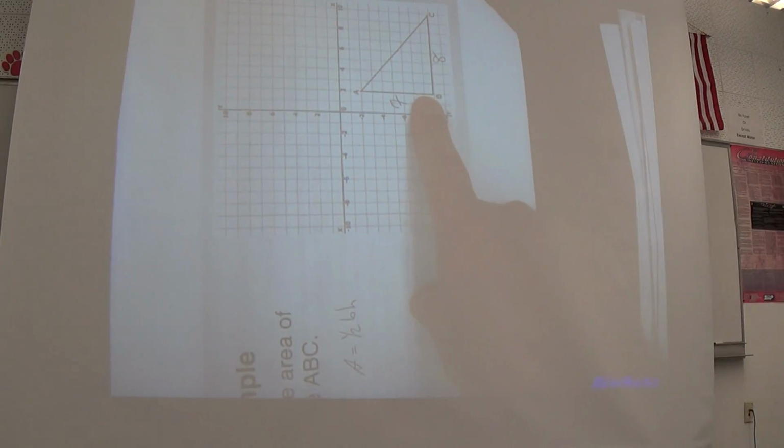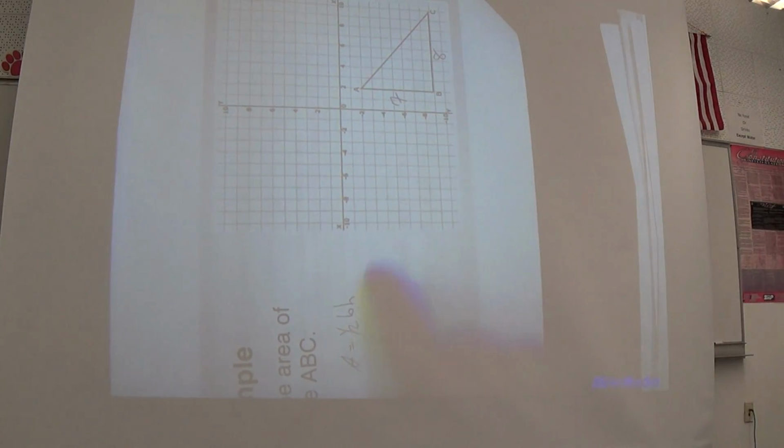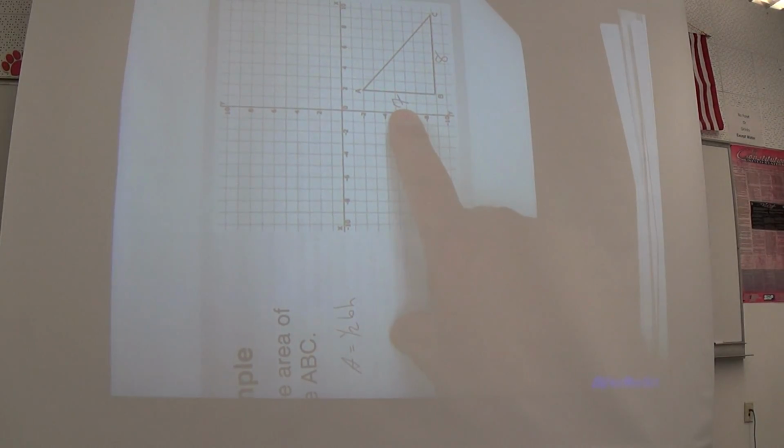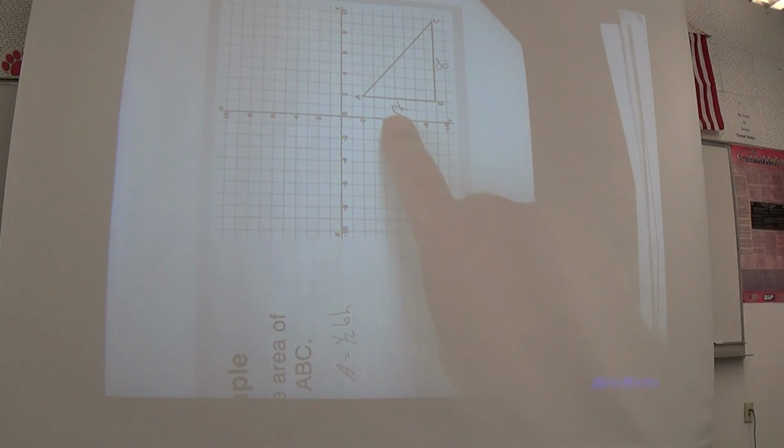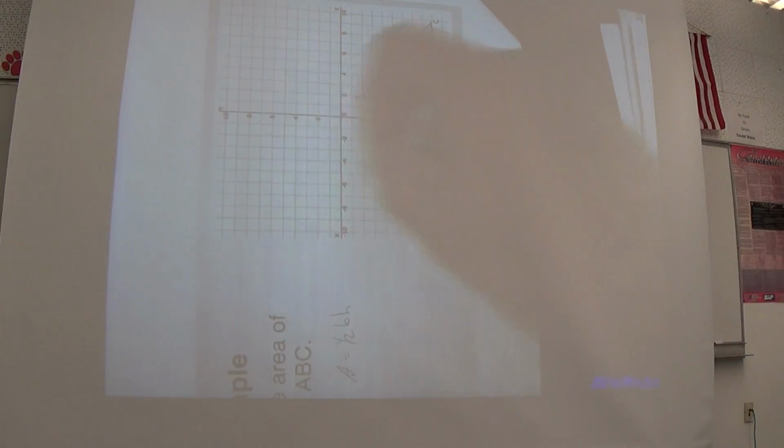Well, the formula says I take 1/2 times the base times the height. So that means I have to take 1/2 of 7 times 8. Is that easy to do? Because what's 1/2 of 7? 3.5. So 3.5 is half of 7. So that means I'm going to have to take 3.5 times 8. And I may need to use my pen and pencil to do that.